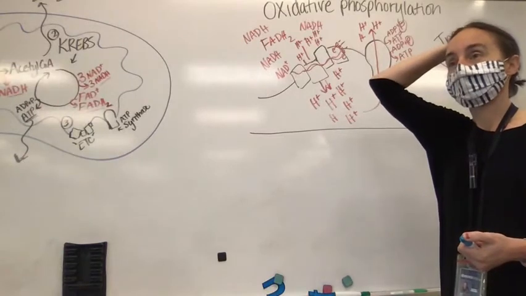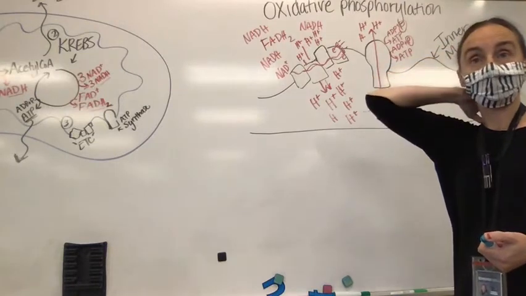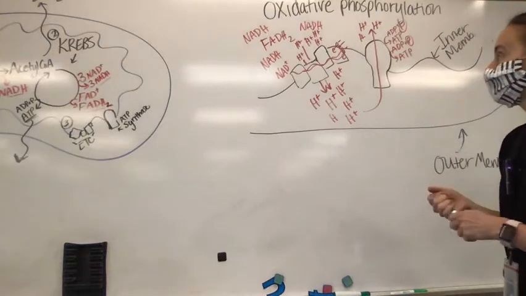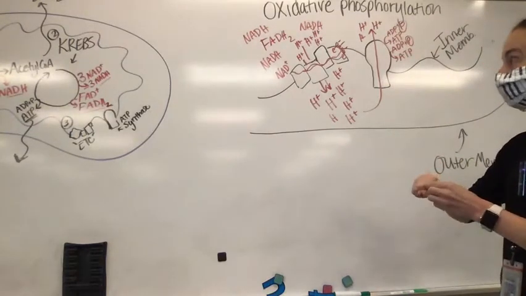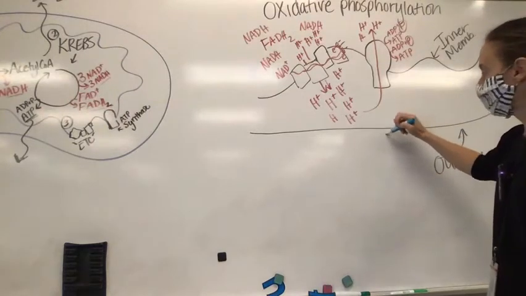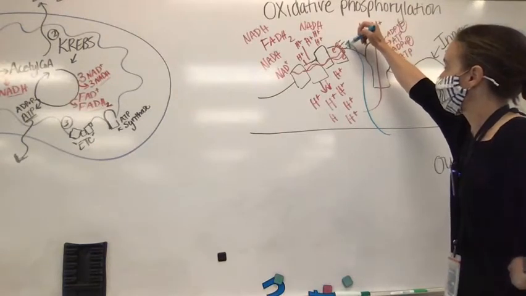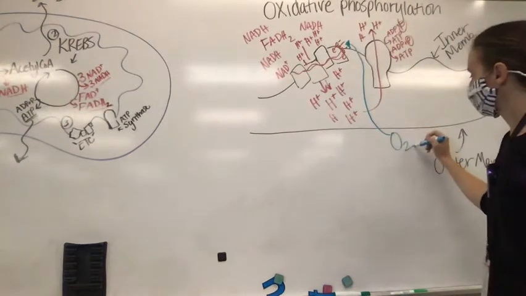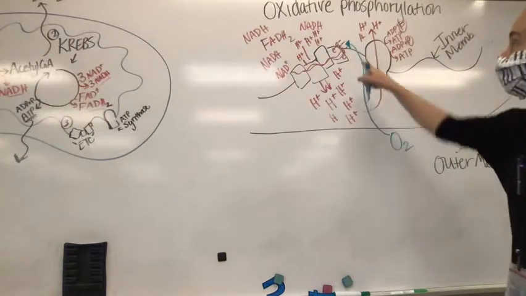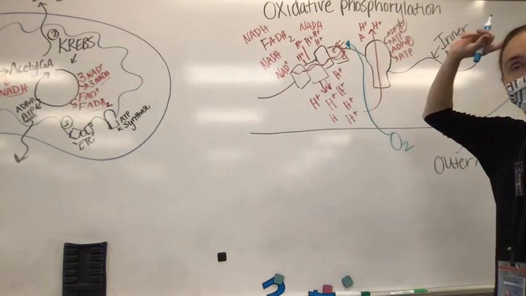Water. We haven't seen water. We haven't seen oxygen. So we're about to bring in the oxygen and release the water. Okay? So oxygen actually is able to enter the mitochondria. And when it does, O2 comes in here and it will pick up the electrons and bind to a couple of these free protons and make some water.